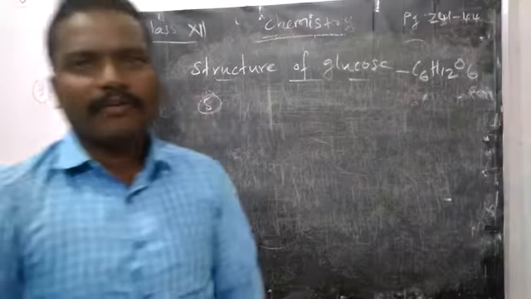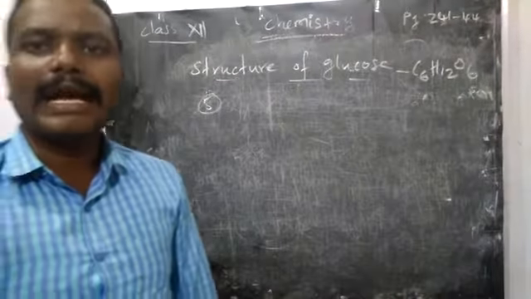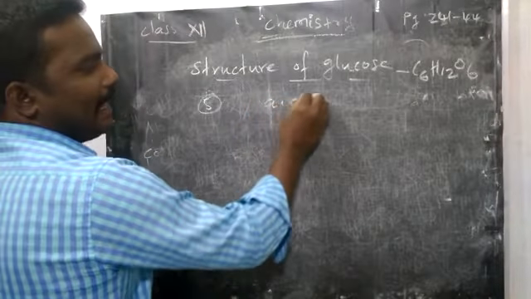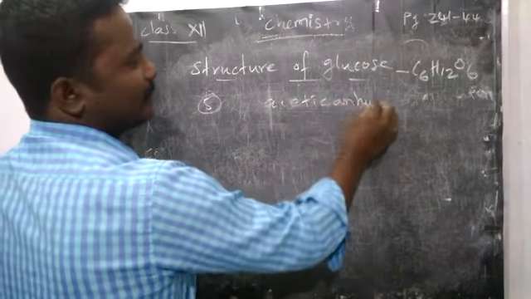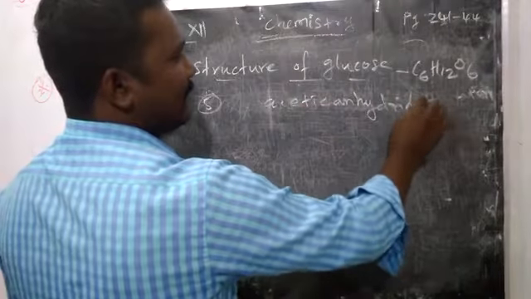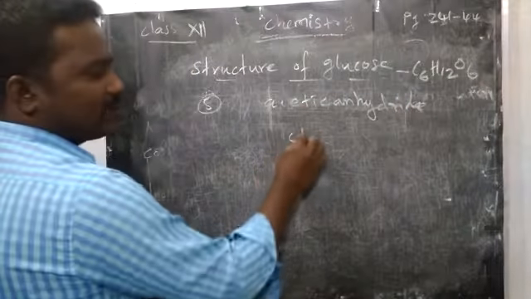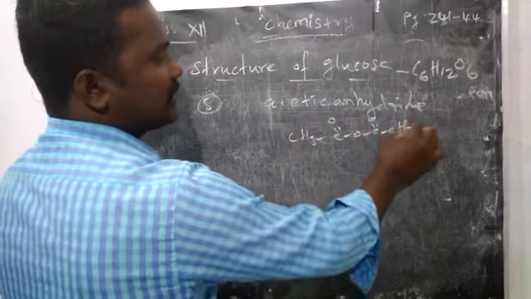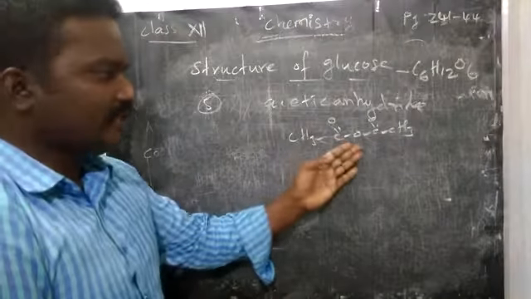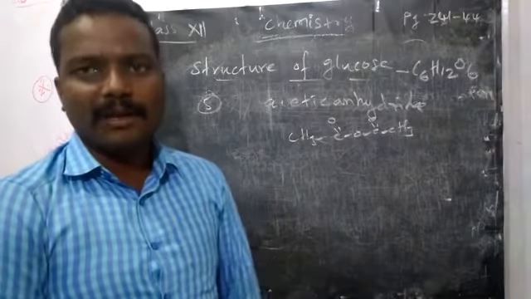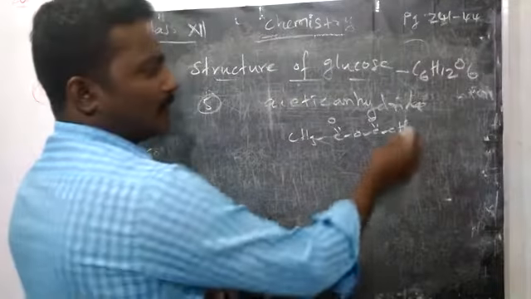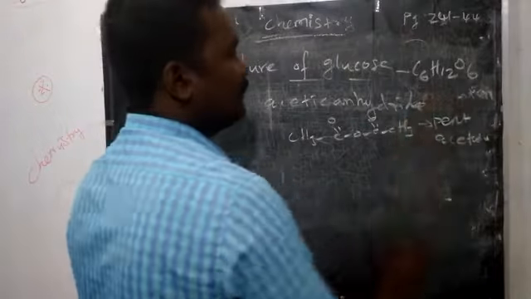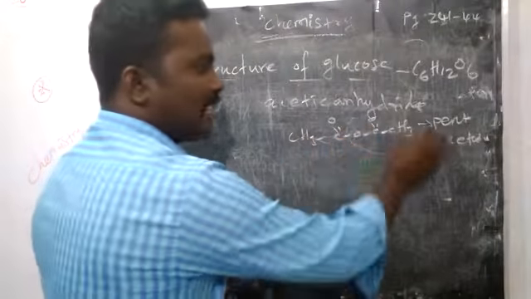Now, the fifth point. We are going to treat with acetic anhydride. The glucose compound is treated with acetic anhydride. Acetic anhydride means CH3 C double bond O, C double bond O, CH3. If it is treated with that, the compound gives a pentaacetate product. From that we can confirm 5 acetate groups are substituted.